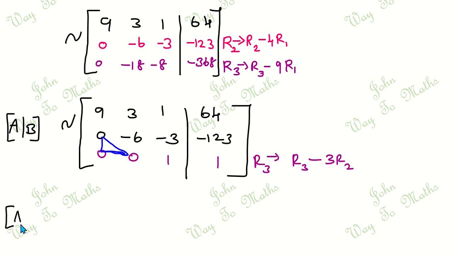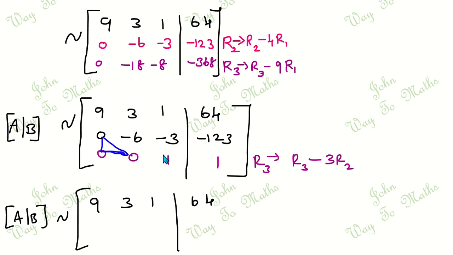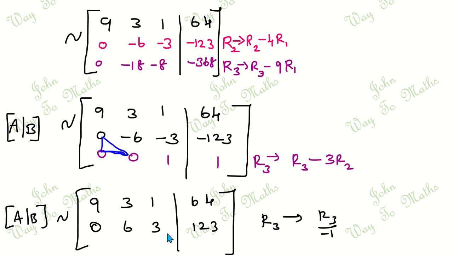So the augmented matrix A bar B becomes, which is equivalent to, first row 9 3 1 64, second row 0 6 3 123, with row 3 divided by minus 1 since it has a minus, giving 0 0 1 1. We can divide by 3, and in further steps we can minimize. 0 0 1 1 is a row echelon formation, and these steps are enough for us.